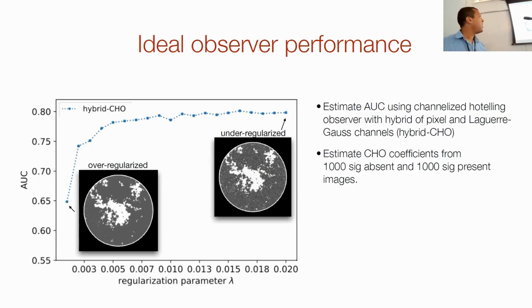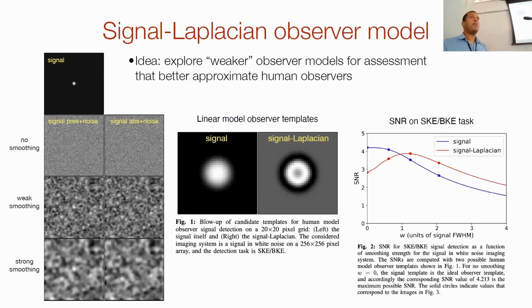So what we're going to try to do is develop a simple human observer. We're going to propose just using a signal-Laplacian for our observer template. To motivate this, I'm showing a very simple example of a signal in an independent Gaussian noise field. The signal's up there on the upper left.